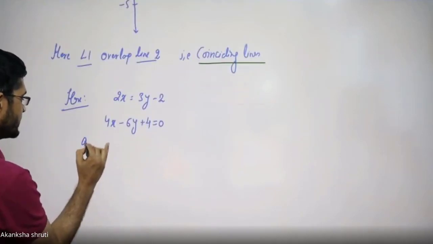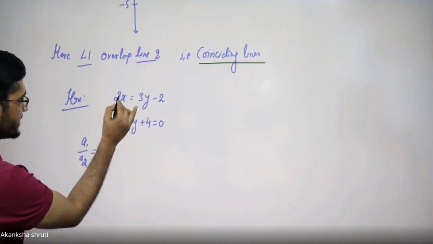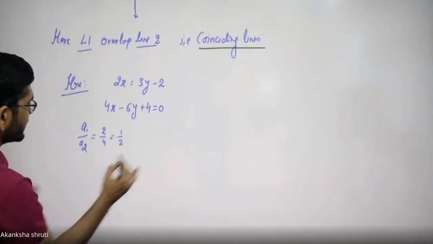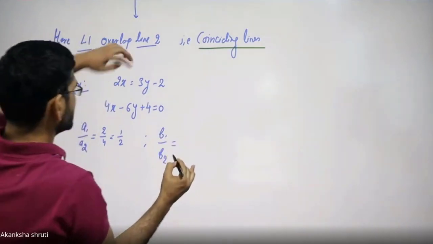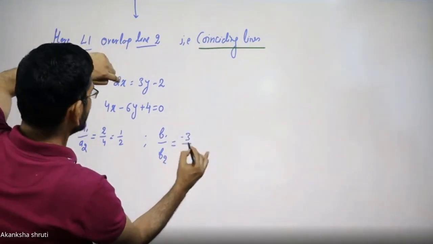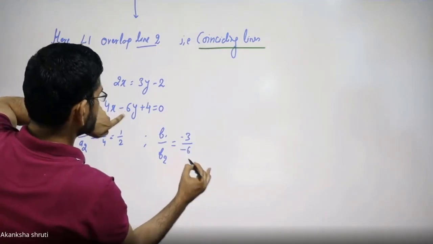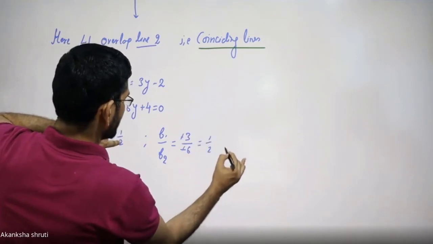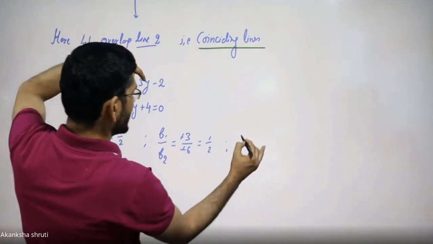From here, the algebraic relation: a1 by a2, the coefficient of x, is 2 by 4, which is 1 by 2. The second, b1 by b2: for getting this ratio, you have to bring y on the left hand side, it becomes minus 3, and in the second equation, y is already on the left hand side with minus. These two minus signs get cancelled and it is 1 by 2. The third, the constant: bring this minus 2 on the left hand side, it becomes 2.